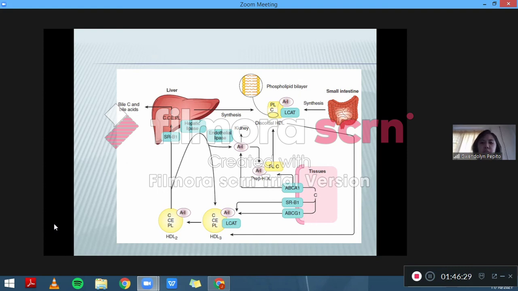Anyone can explain? So everyone understood the role of HDL as a reverse cholesterol transport, meaning it accepts your cholesterol from your tissues.